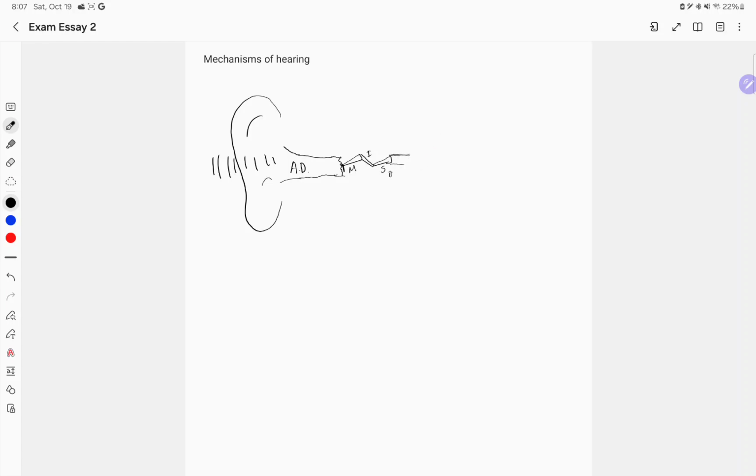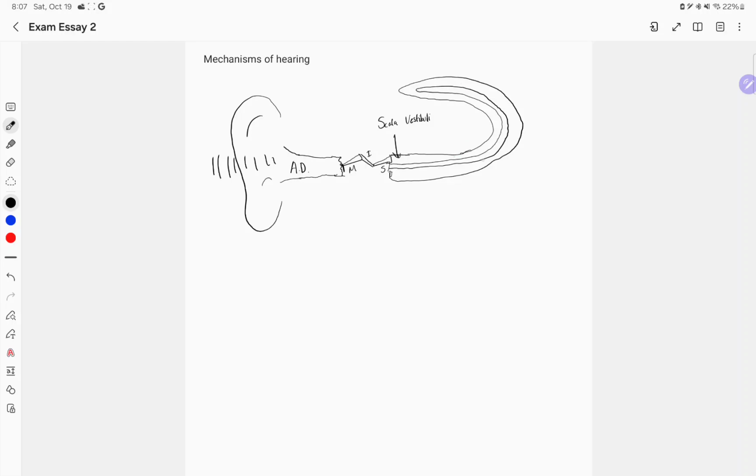So coming into the cochlea here, just going to draw it like this. So up top here, we have scala vestibuli, just kind of a channel in the cochlea where those sound waves will eventually enter first.